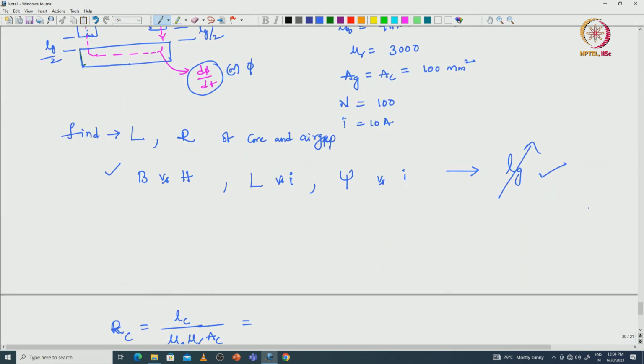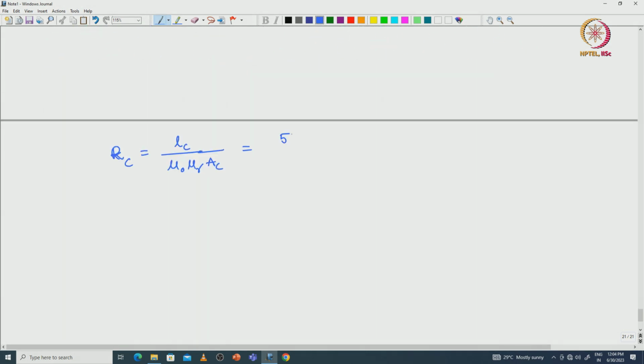Consider it is 50 mm. So 50 into 10 power minus 3 divided by mu naught and mu r value. 3000 is the mu r value and mu naught is 4 pi into 10 power minus 7, into the cross sectional area of the core, 100 mm square.